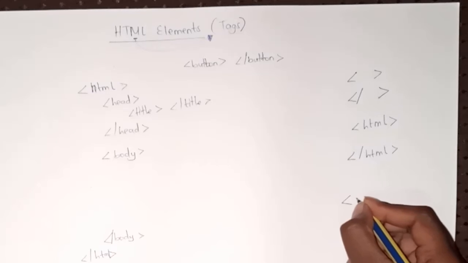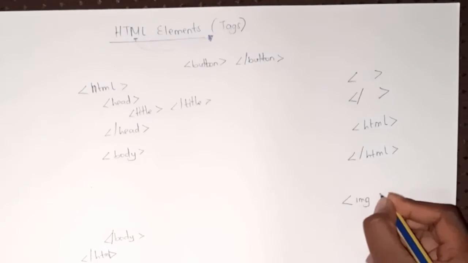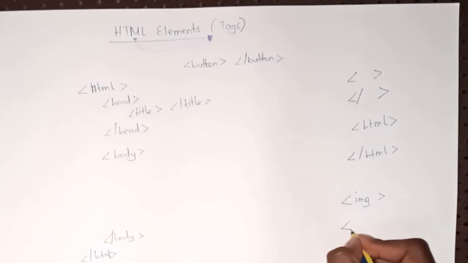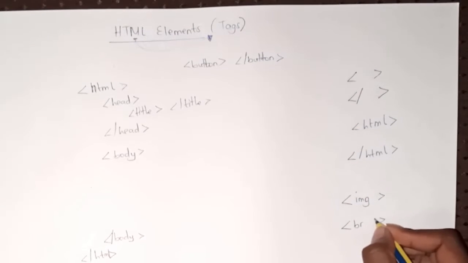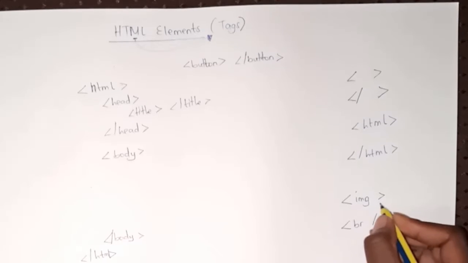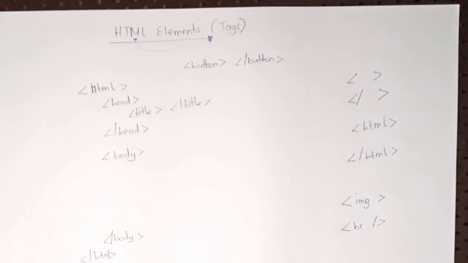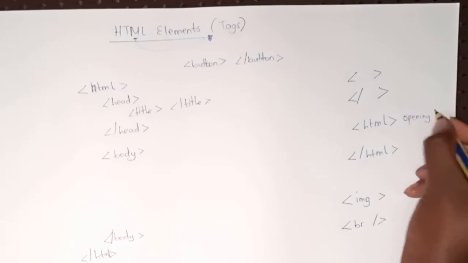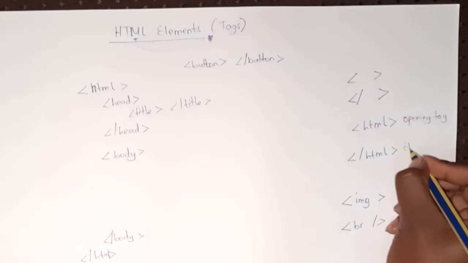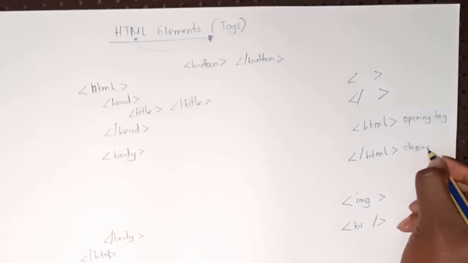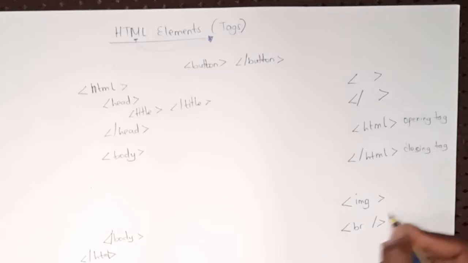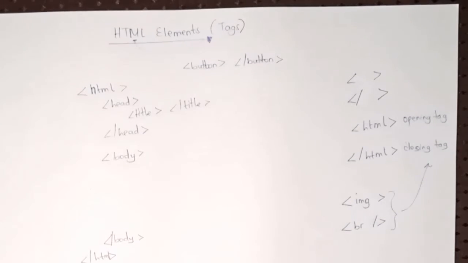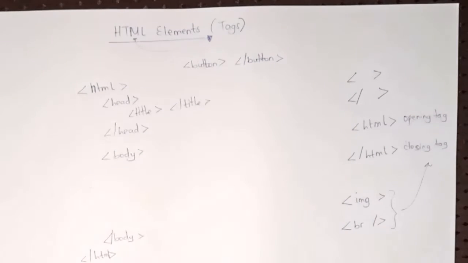You will encounter things like img, which you just write this way, and then we have br. I will explain them further. You can either place the slash or just leave it blank. So this is the opening tag, this is the closing tag, and for some it's combined, both opening and closing. So yeah, that's what we have started with.